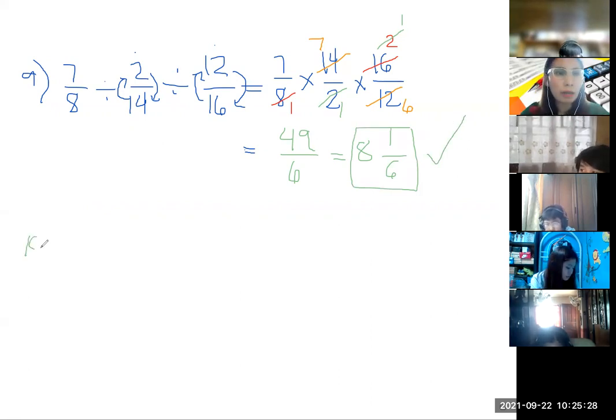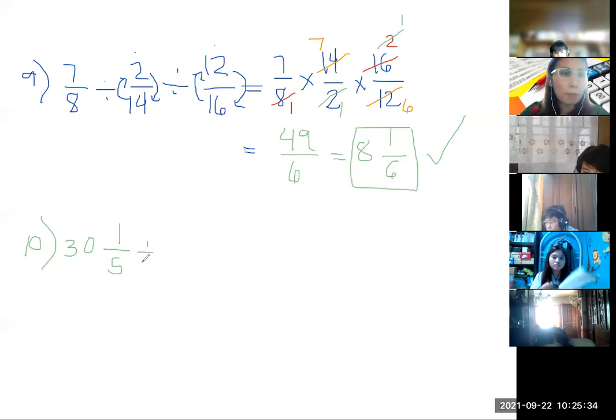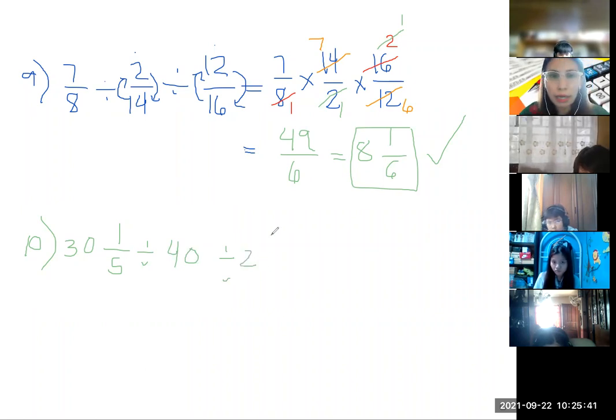And then last, for number 10, let's finish it, class. 30 and 1/5 divided by 40 divided by 2 and 3/5. So, let's make it improper. 30 times 5 is 150 plus 1, 151.